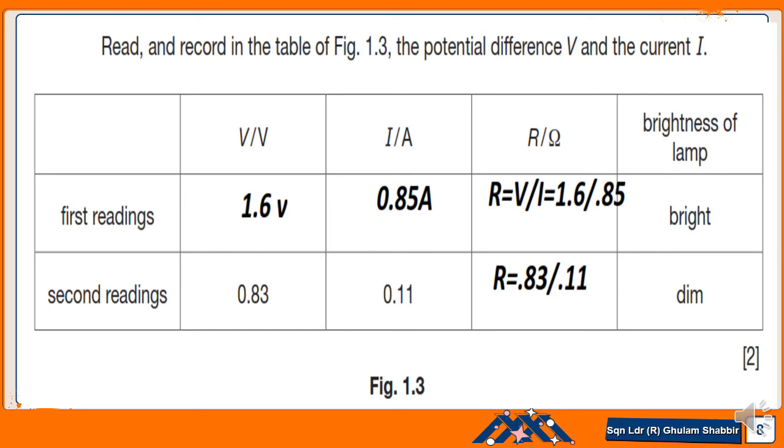For the second reading, it is already given: 0.83, the potential difference is reduced and the current also reduces. So the resistance is 0.83 divided by 0.11. So the second reading gives us this value.